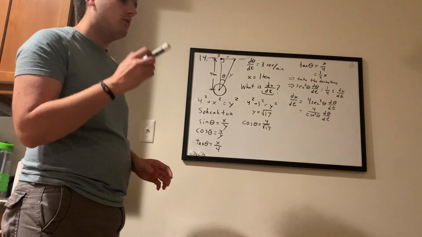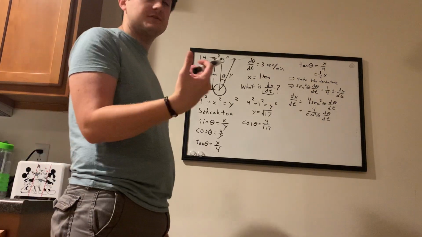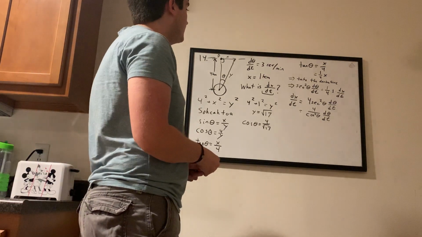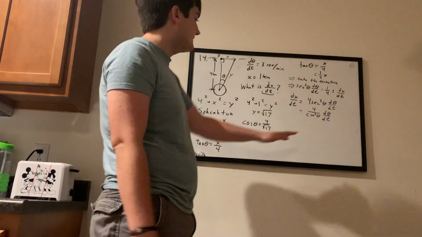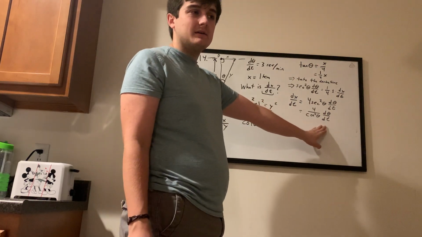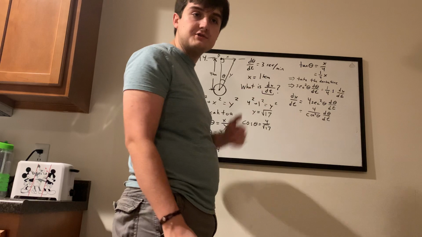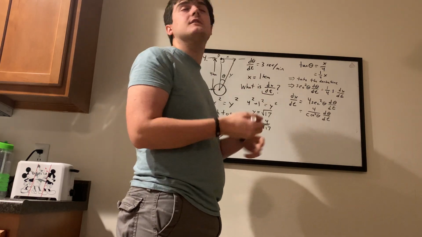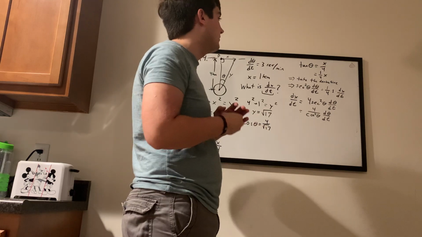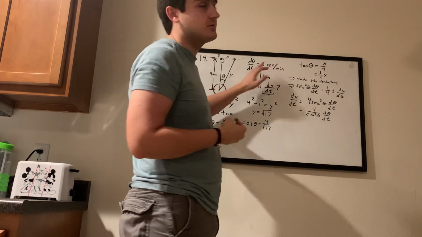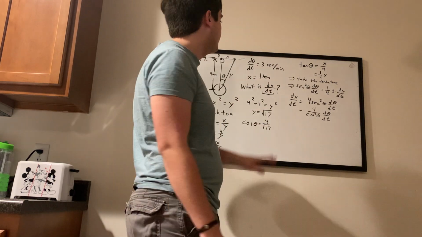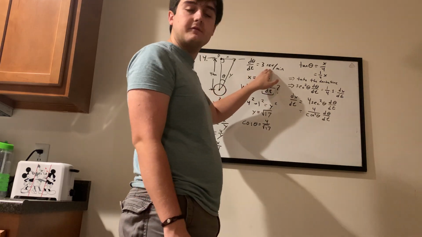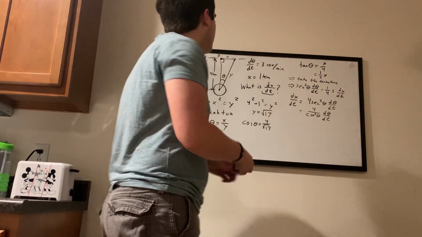Now, one last thing that we need in order to solve this problem is this d theta over dt that I need to plug in, but I can't really use revolutions because that's not going to give me the answer in the form that I want. So what we typically do when we deal with revolutions is convert revolutions to radians.